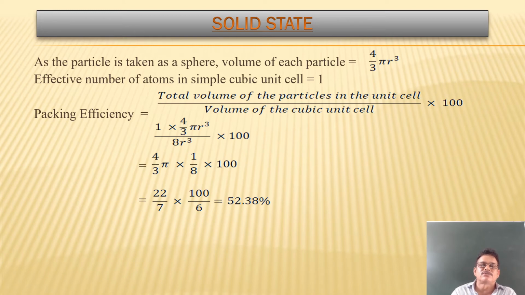4 goes 2 times in 8, 3 into 2, 6. So 22 by 7 into 100 by 6, that is equal to 52.38%. So when packing efficiency in simple cubic unit cell is 52.38%, then what is the void efficiency in simple cubic unit cell?